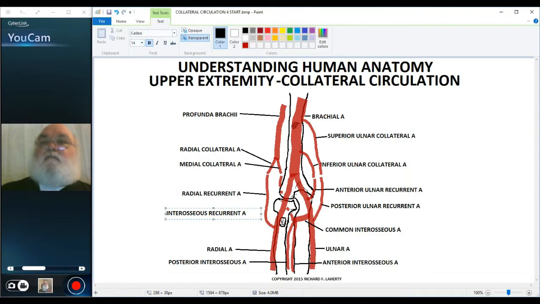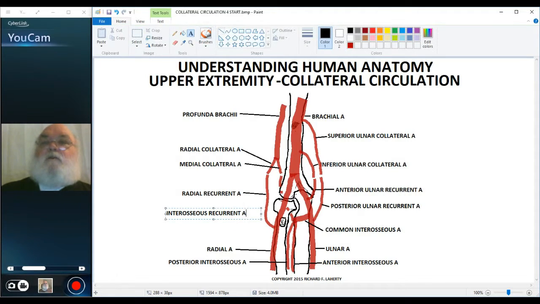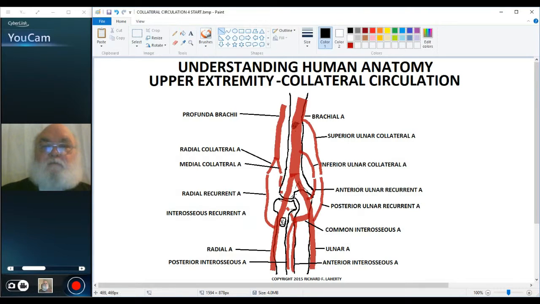And let me draw a couple of lines in for it. One right there, and another one up here. The interosseous recurrent. And the interosseous recurrent anastomoses with the medial collateral.